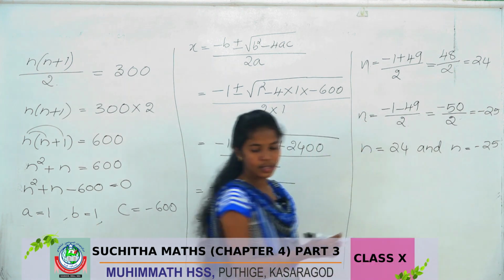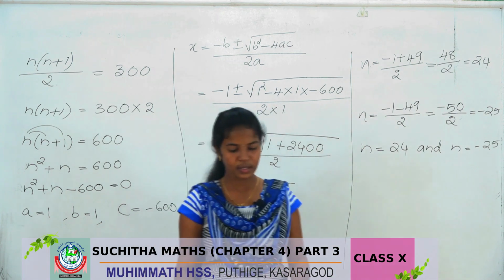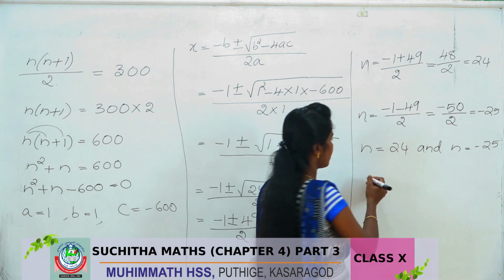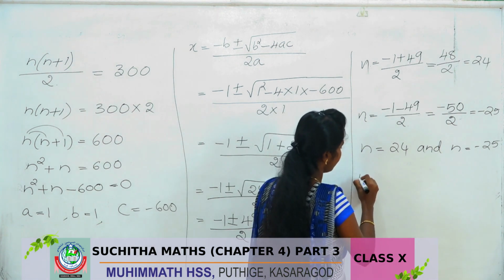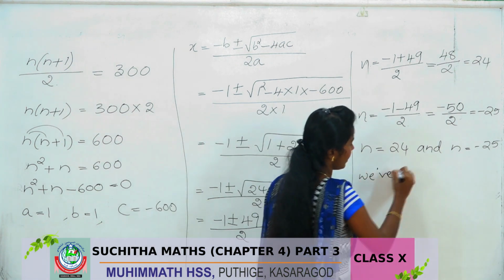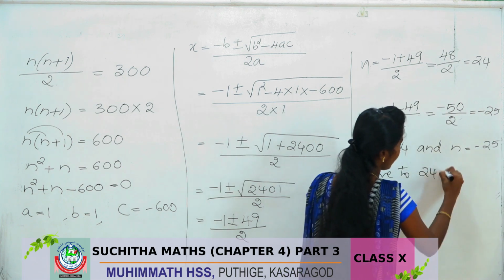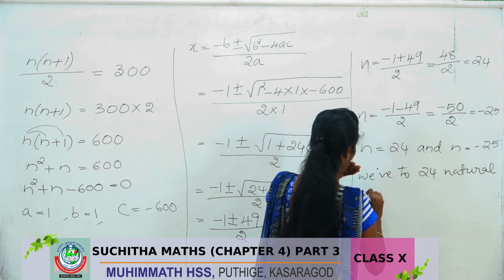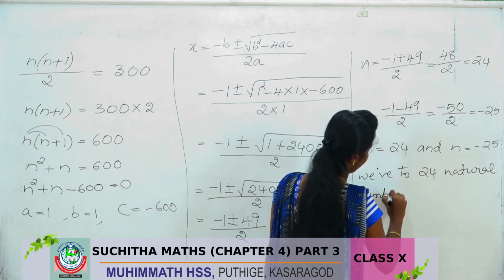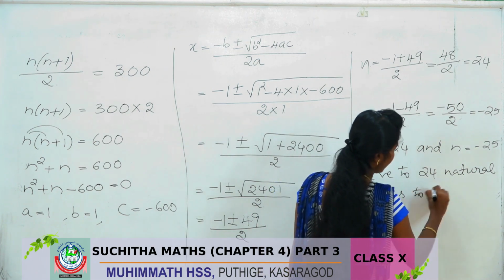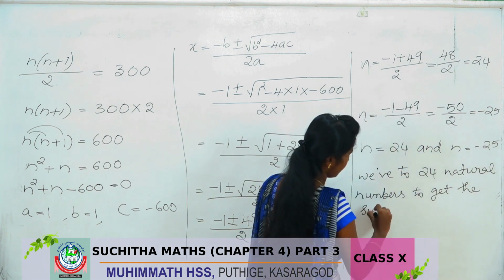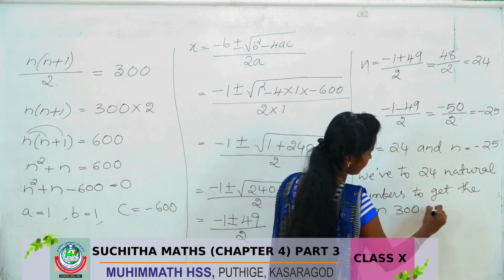So to get the sum 300, we have to add 24 natural numbers.